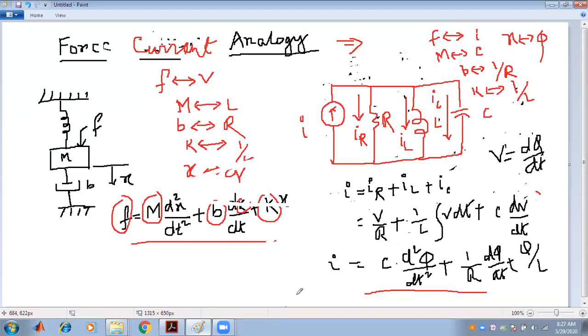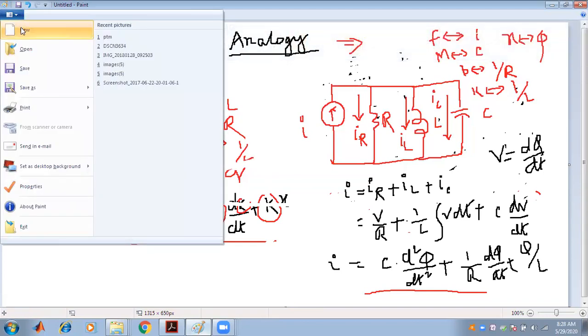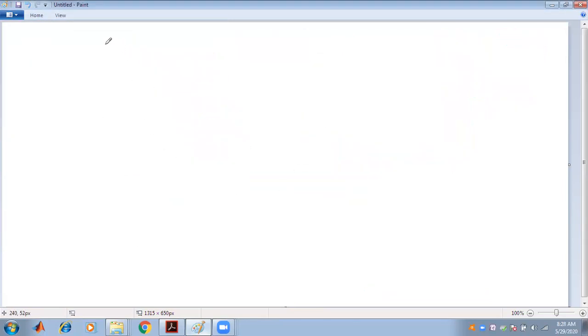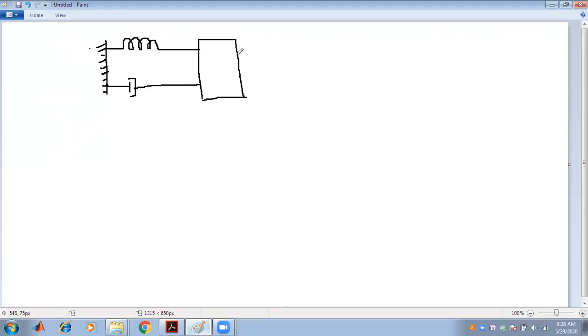So let us take an example to see how we can approach the force voltage and force current analogy.